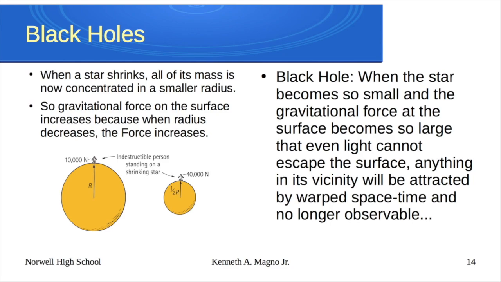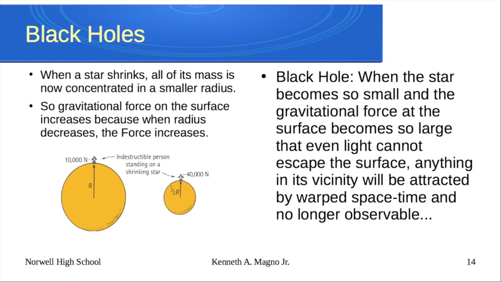If the light gets to that point where it can't go fast enough and it gets pulled in and kind of gets sucked in, then it's not going to be able to escape. Basically, if we get to the point where, following that equation, that the v, which would have to equal the speed of light, so 3 times 10 to the 8th meters per second, can't be obtained, we can get to the idea of a black hole. So what happens for a black hole is we have the same amount of mass, but all of a sudden our radius shrinks. All right?